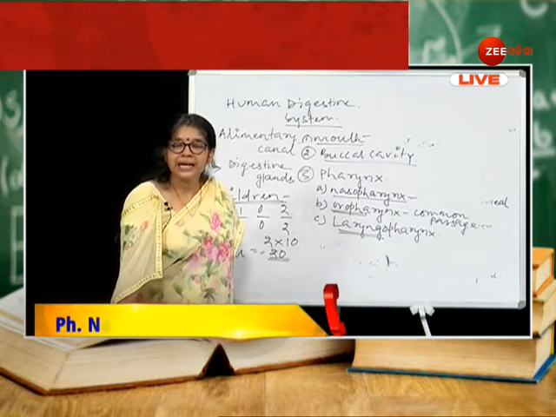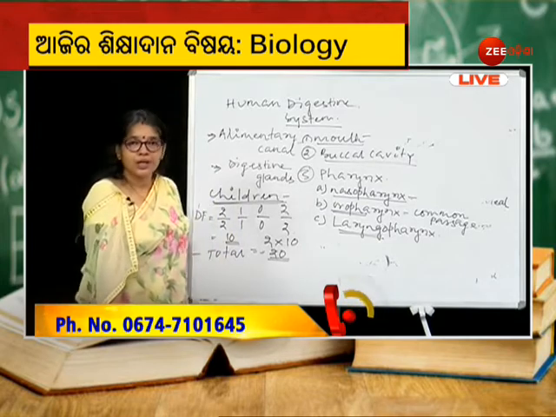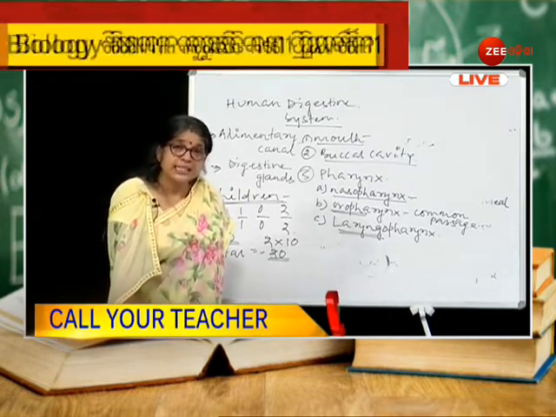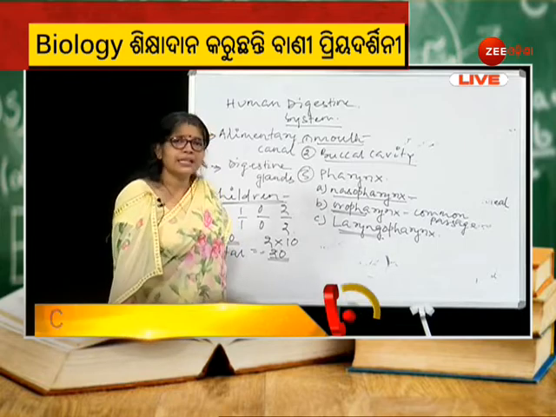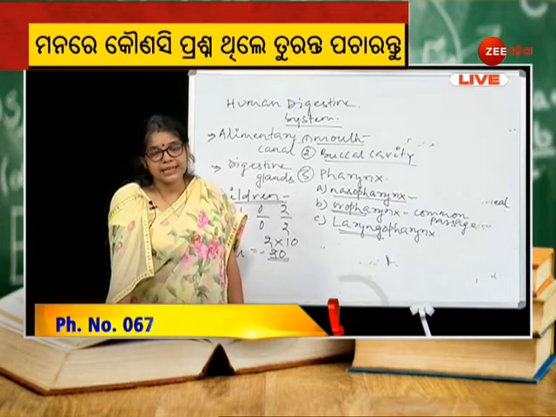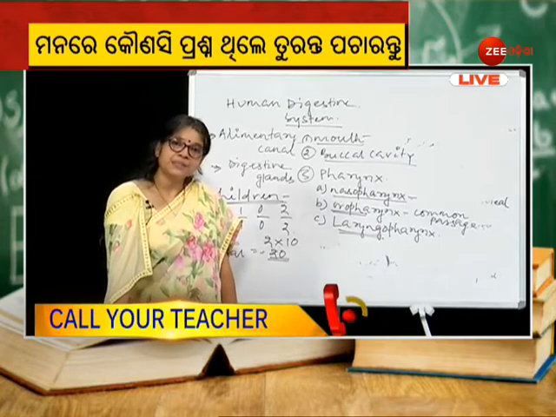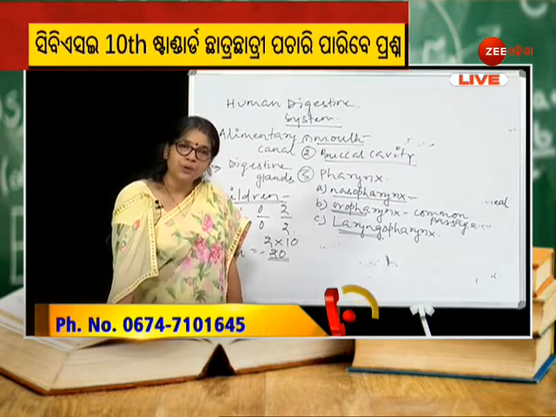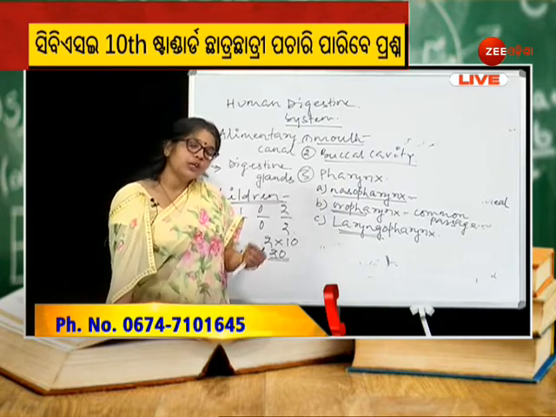That is guarded by a leaf-like cartilaginous structure known as epiglottis. Similarly, between the pharynx and the digestive system, there is the gullet. The gullet is guarded by a sphincter. Sphincter means muscle fibers which are responsible for regulating the openings.